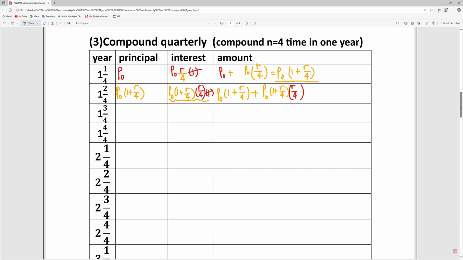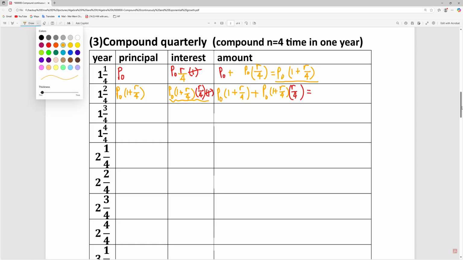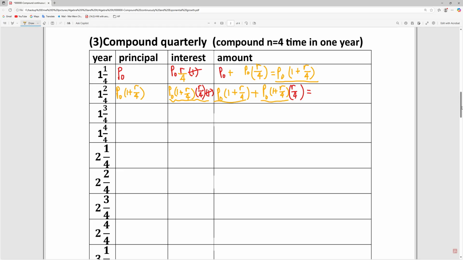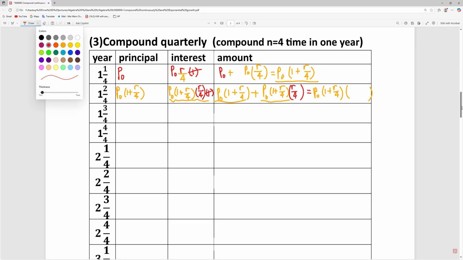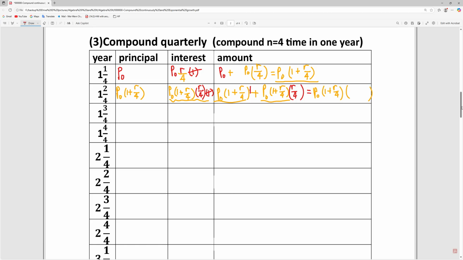Okay. Now pull out the common factor. You have common factor P0 1 plus R over 4. And what's the leftover? So this times 1 here. So you have 1 plus R over 4.